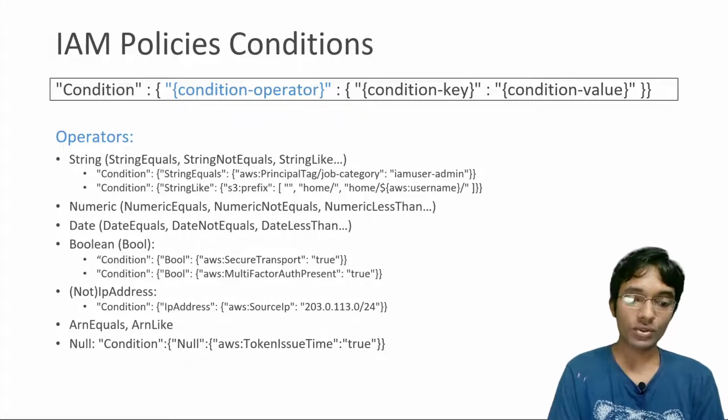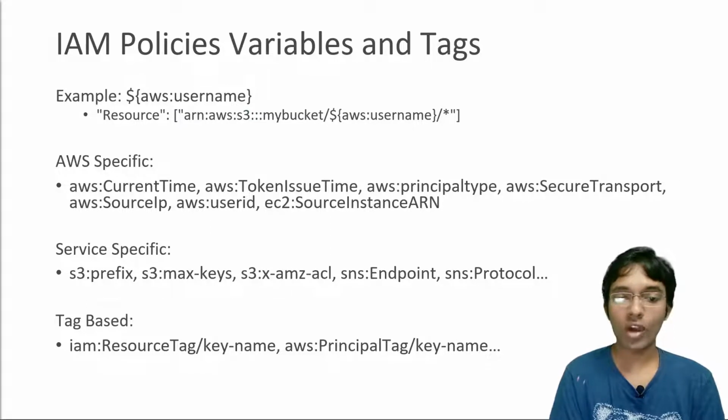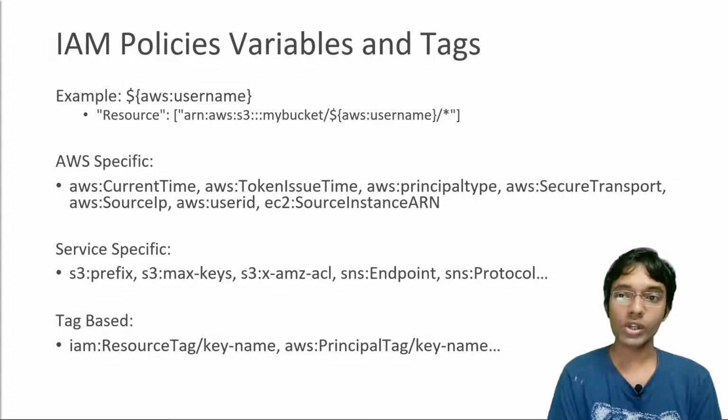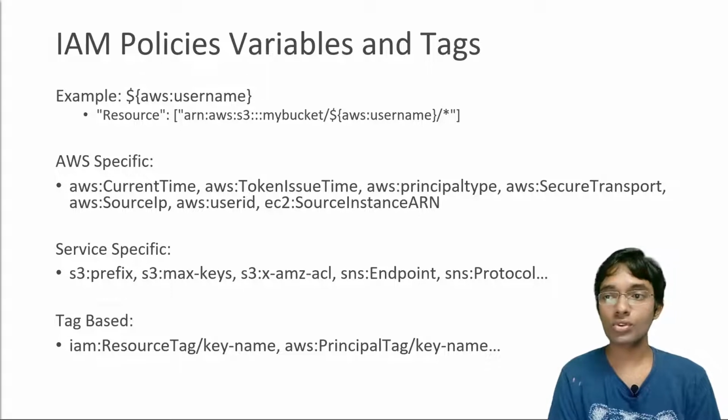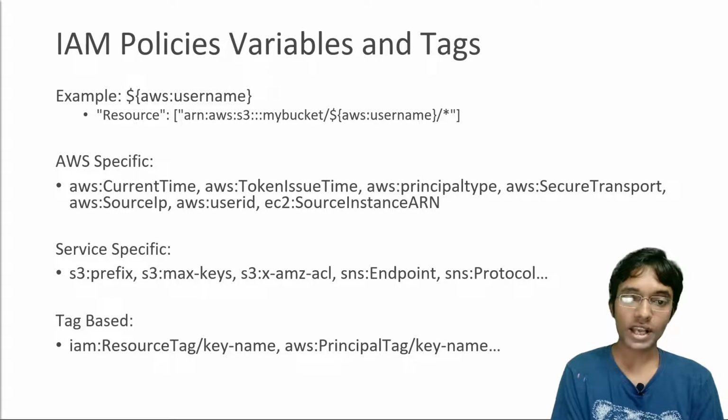Next we have the IAM policy variables and tags, and these are really powerful. We have seen the dollar sign, aws:username, and this is most commonly used, for example, in an S3 bucket policy. So we have Resource: the S3 bucket slash the variable aws:username slash star.